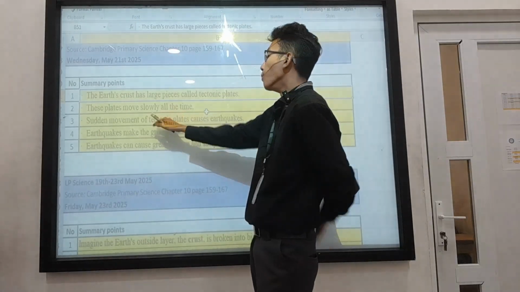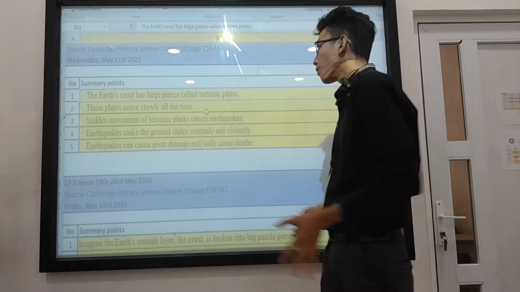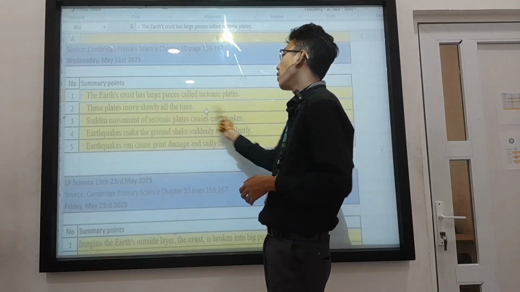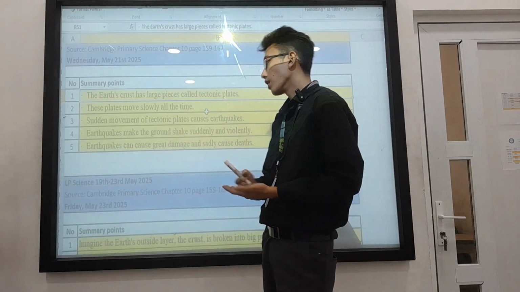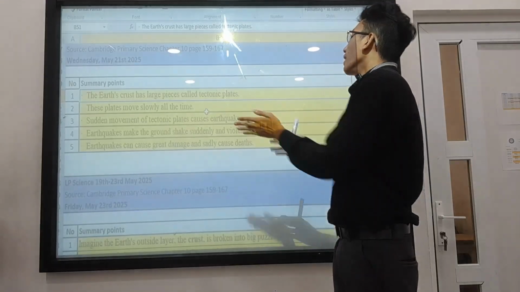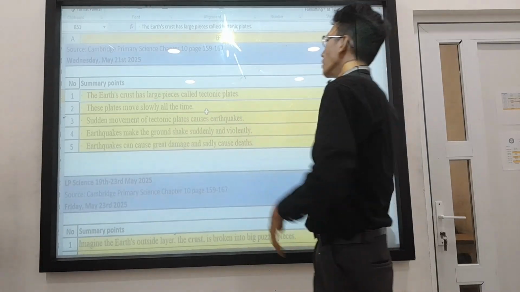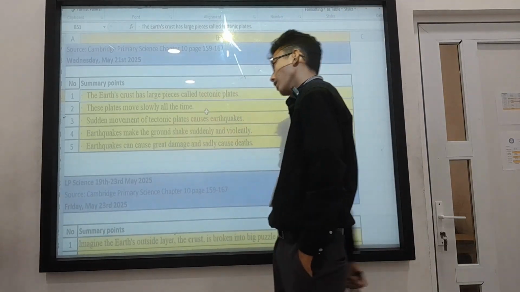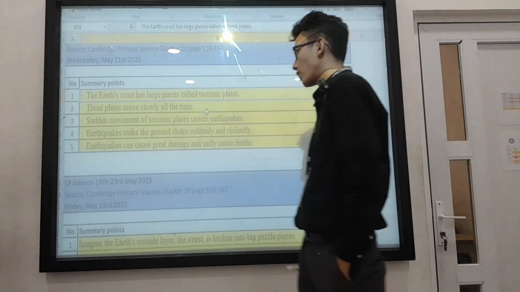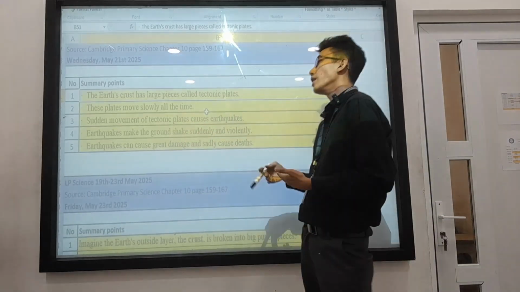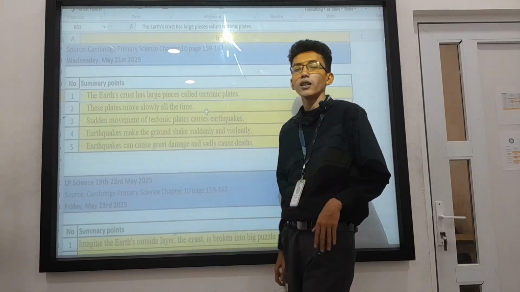And this plate, because it is floating on the magma, of course it will move slowly all of the time. And sometimes it cuts into each other, it moves away from each other, it goes against each other, and the movement of the tectonic plates is what causes earthquakes. The movement is when they are crashing against each other.